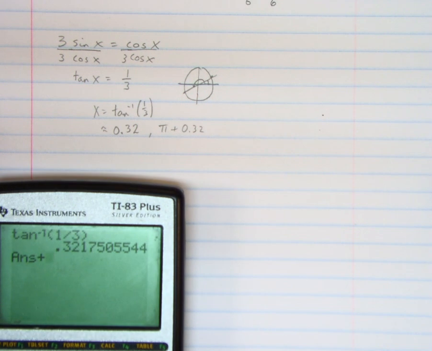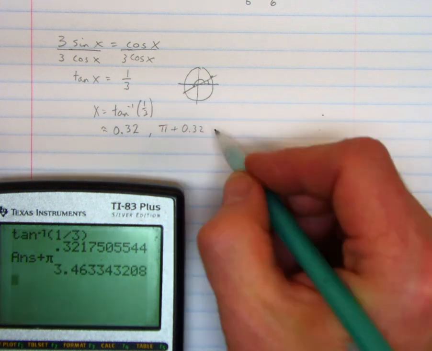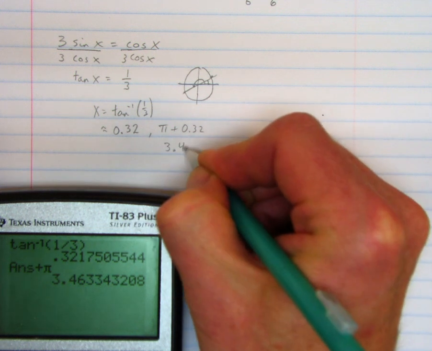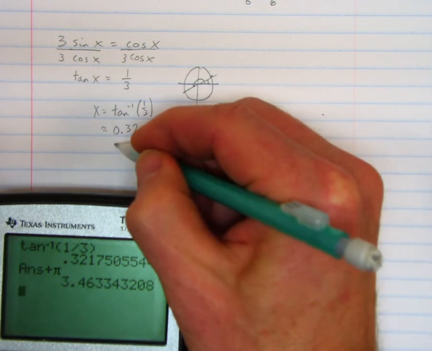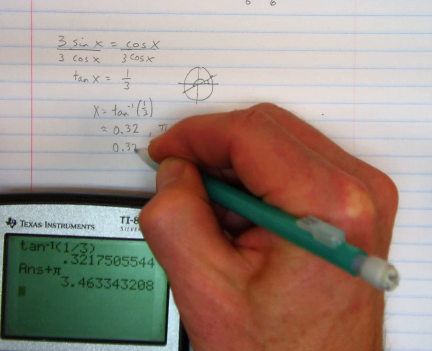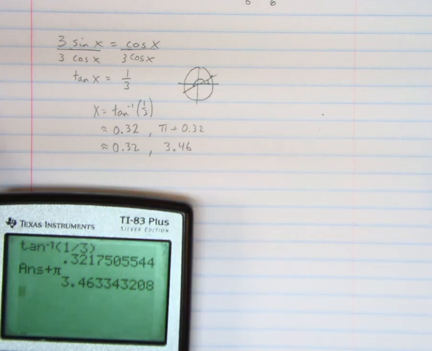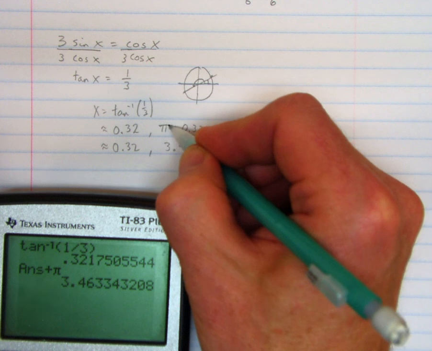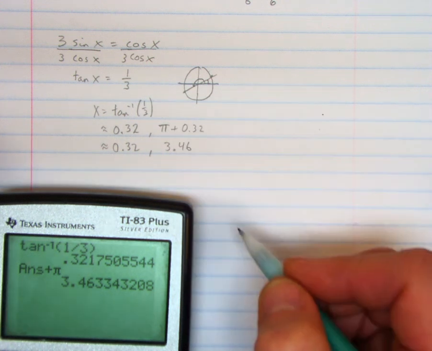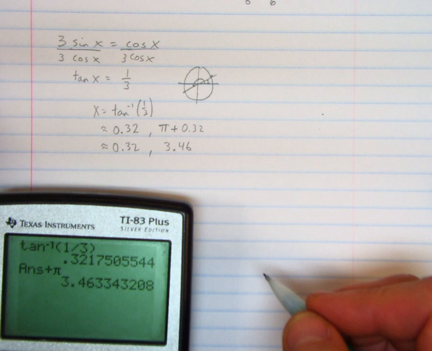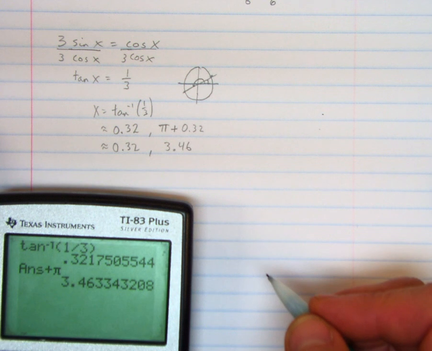So press second and then the pi button, and we get 3.46. So we have two answers, and there they are. Now in this particular case, it would have worked out if we said 3.14. Just say no to that. We want to do it properly so we can round at the very end, not at an earlier stage.